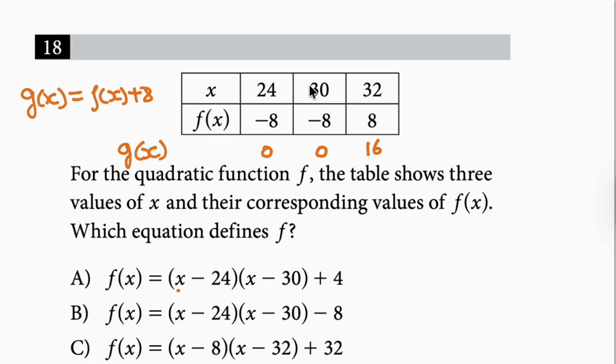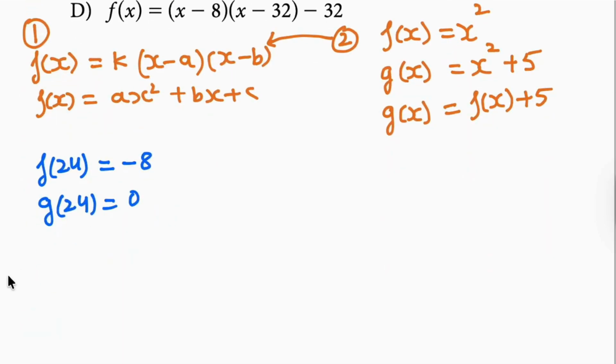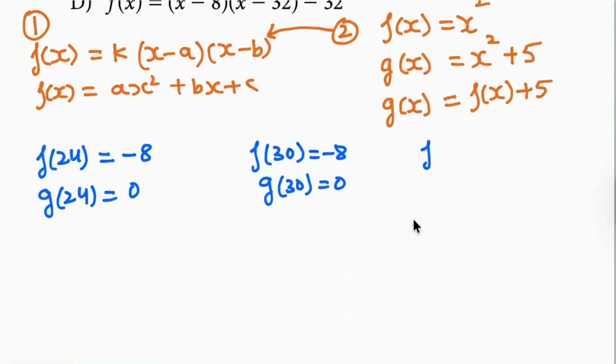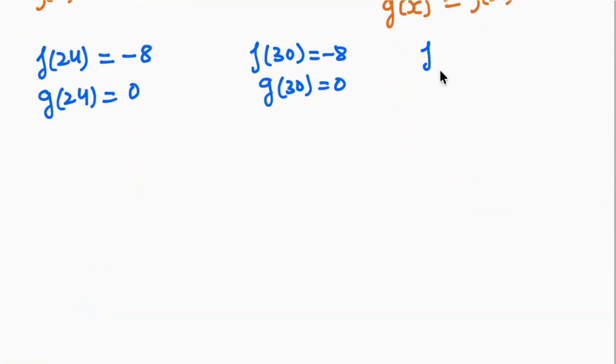Similarly, f of 30 is equal to negative 8 and g of 30 is equal to 0. And the third one is f of 32 is equal to 8 and g of 32 is equal to 16.